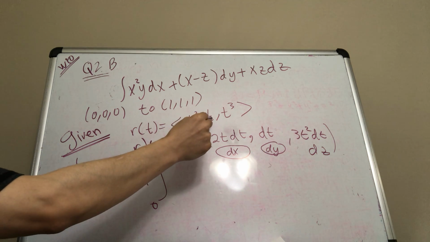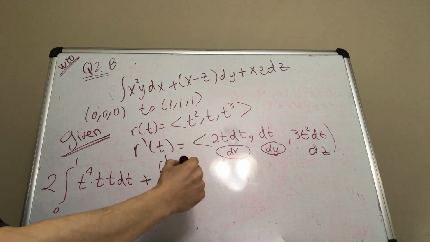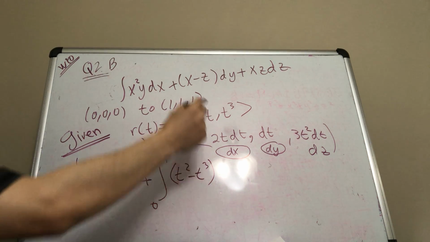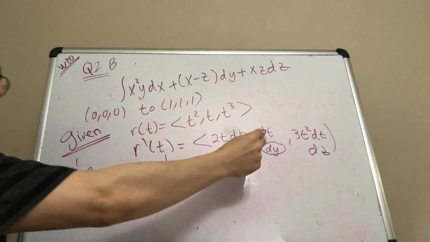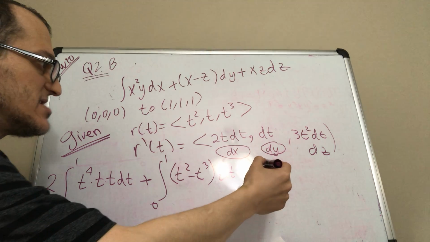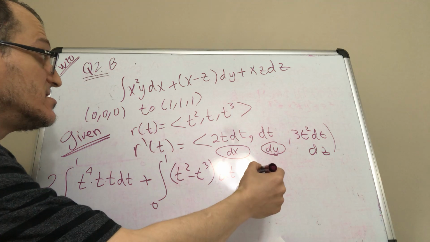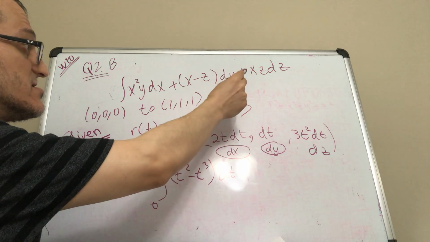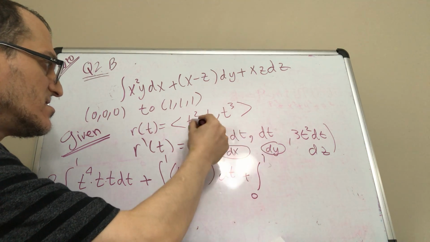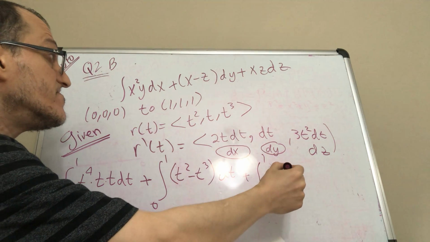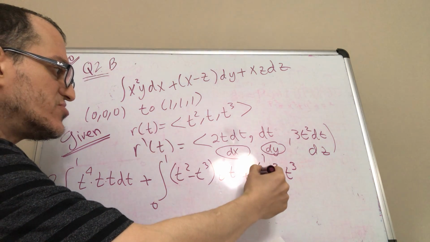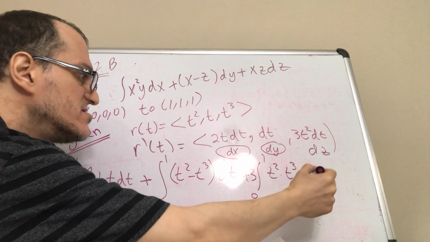X minus z, t squared minus t cubed, dy meaning dt. And the last one, which is xz, t squared times t cubed, and dz would be 3t squared dt.